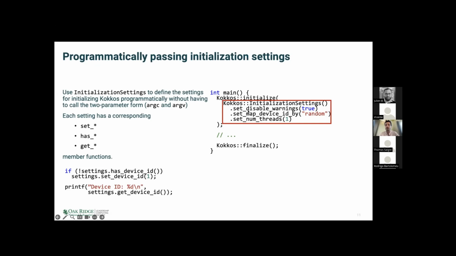If somehow you need to query what was already set in the settings, you can use has. And if you need to read the value, you can use get. Just like with std::optional, if you do get, you better be sure that it has been set. Otherwise you get undefined behavior, just like with std::optional.